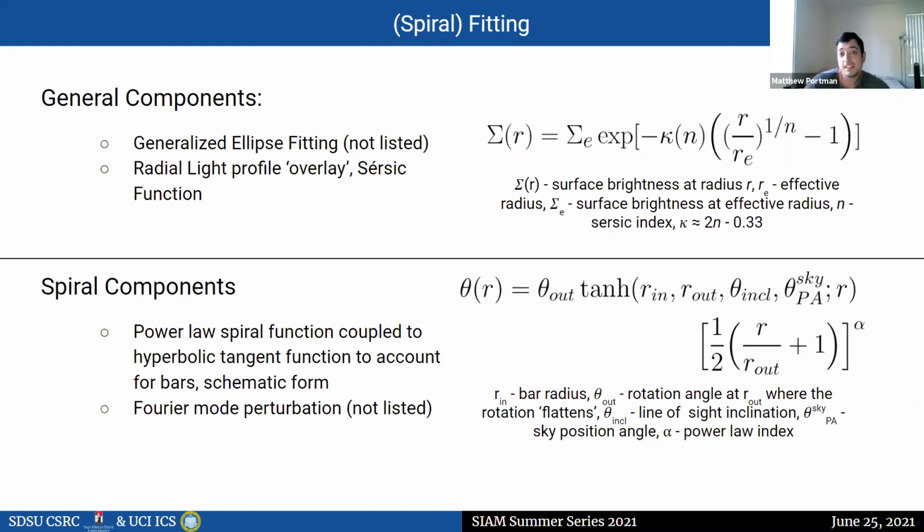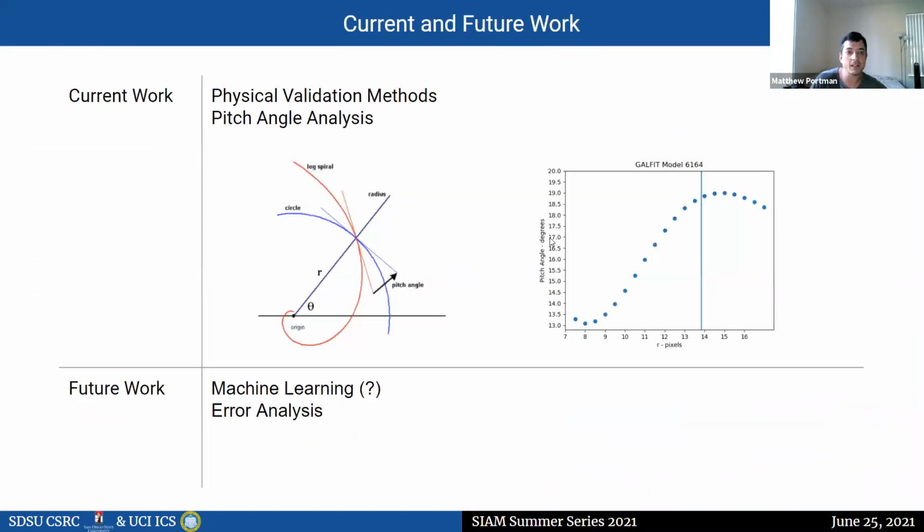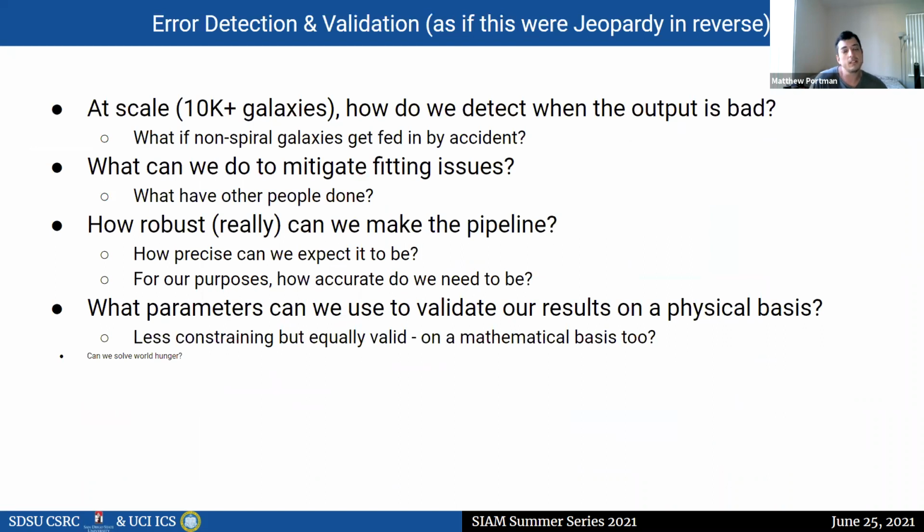So yes, it could be used that way. Something I glossed over, because I was near the end of my time, was other methods that people have done. One of those methods is essentially to run it through Galfit one time, see how it did, and run it through Galfit again.